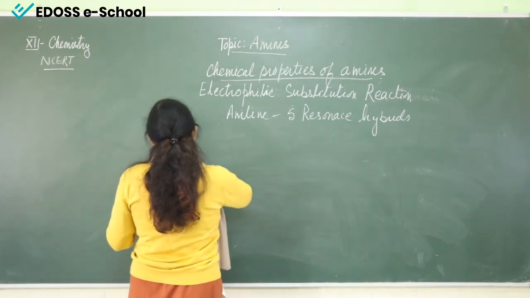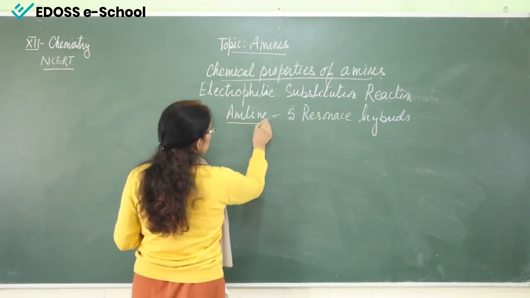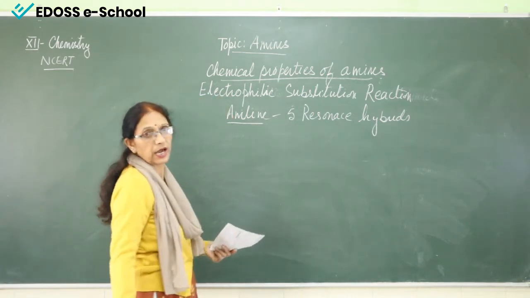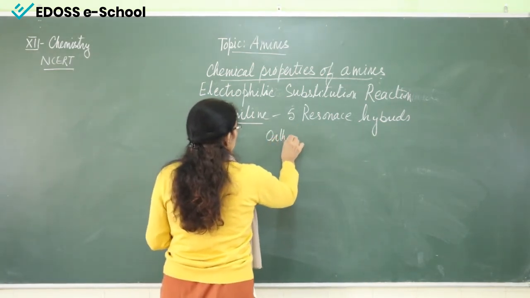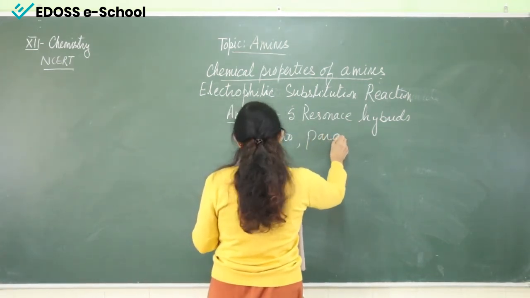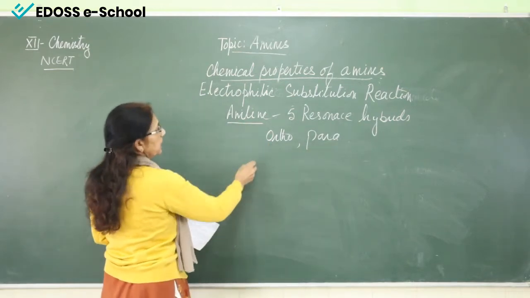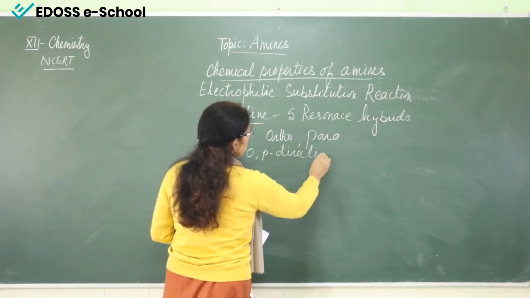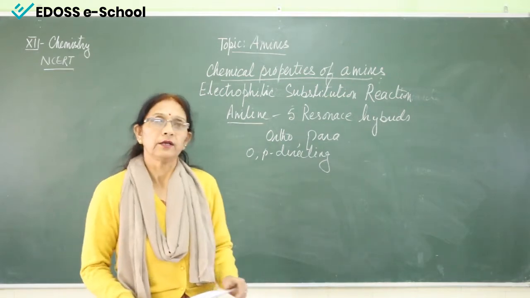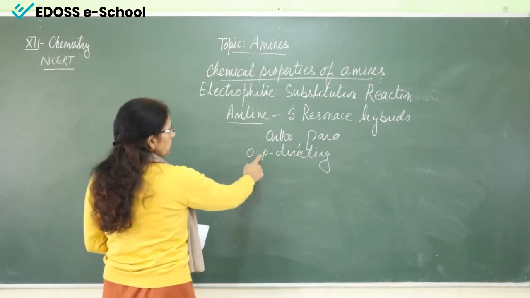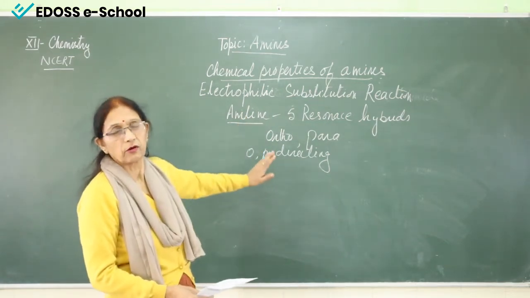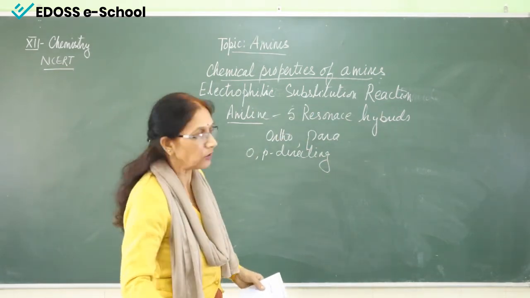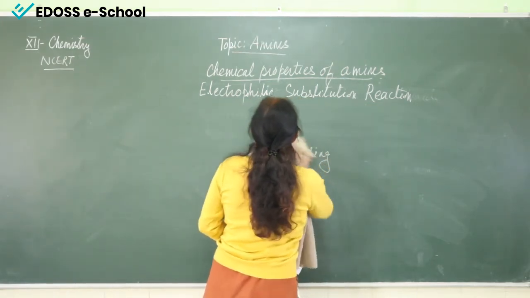Because of these 5 resonance hybrids, maximum electron density is on ortho and para, and we can say that this aniline is ortho and para directing, because maximum electron density is on the ortho and para positions. So all the electrophilic substitution will occur on ortho and para positions.